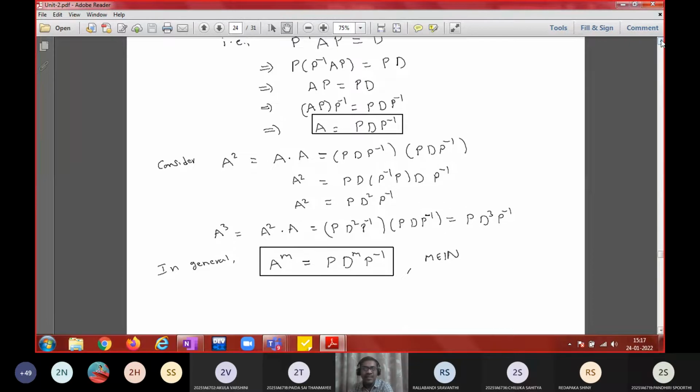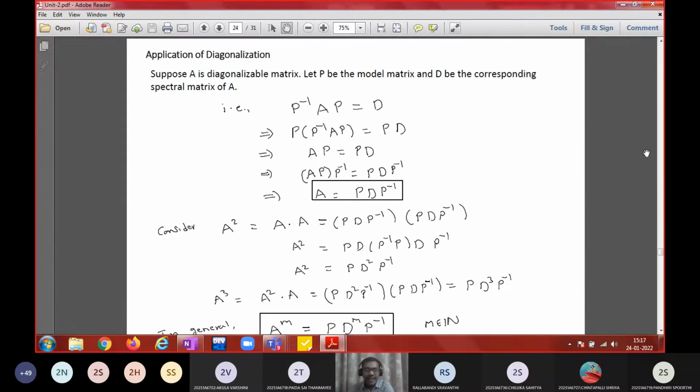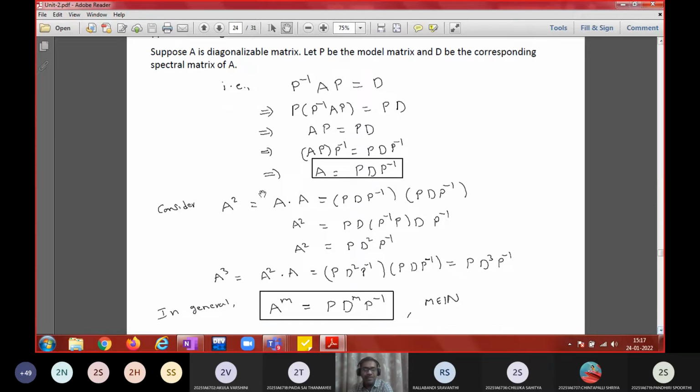So this is a kind of decomposition. You are expressing A as a product of matrices P into D into P inverse. Once you have the decomposition, you have several advantages. You can do many things from this.